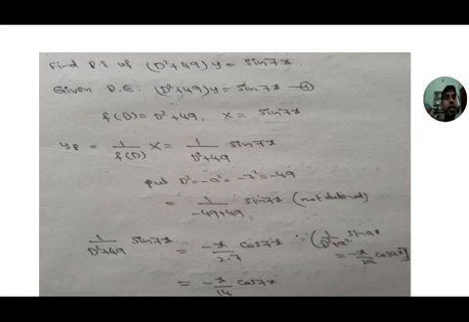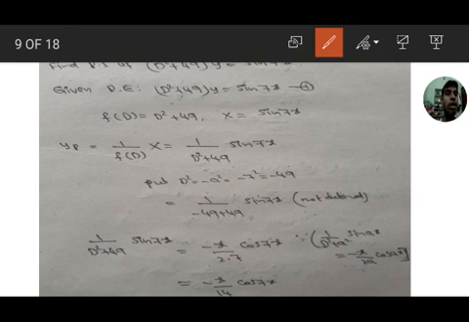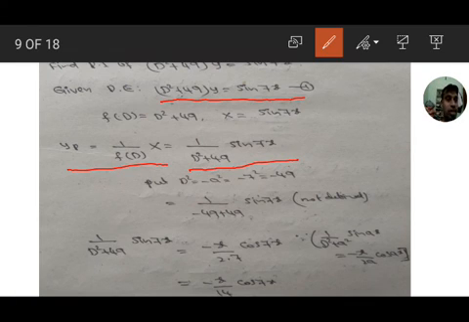So find the particular integral of (D square plus 49) y equal to sin 7x. Given differential equation (D square plus 49) y equal to sin 7x, comparing with standard form f of D of y equal to capital X, we get f of D equal to D square plus 49, capital X equal to sin 7x. So particular integral yp equal to 1 by f of D of X, that is 1 by D square plus 49 sin 7x.